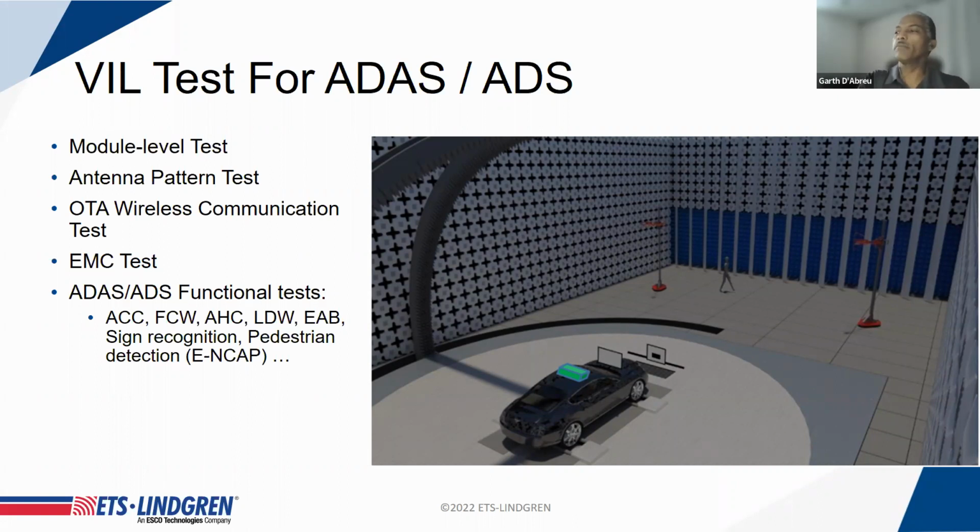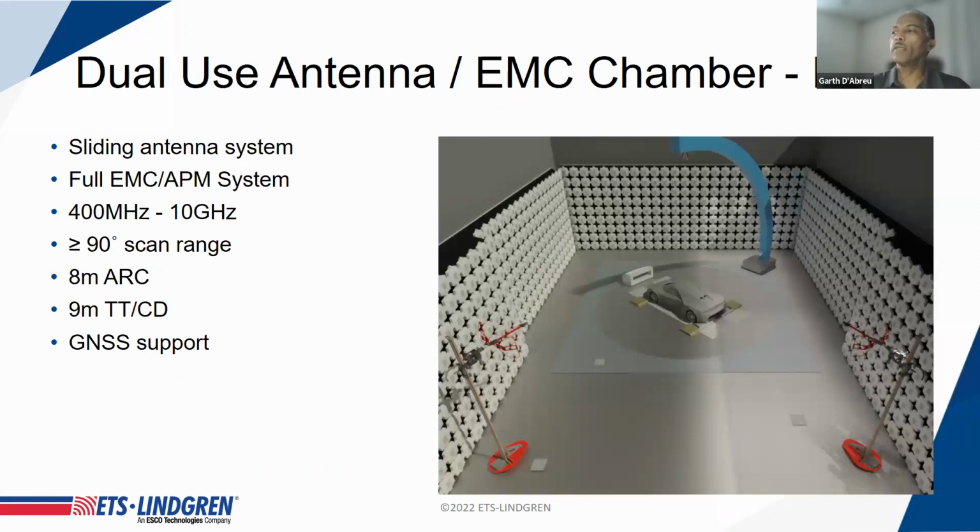So those are some of the things we've been seeing in the industry. And I think introducing the antenna type measurement and the advanced driver feature type setups to the existing EMC environment has a lot of motivation because there are cost advantages for doing that.